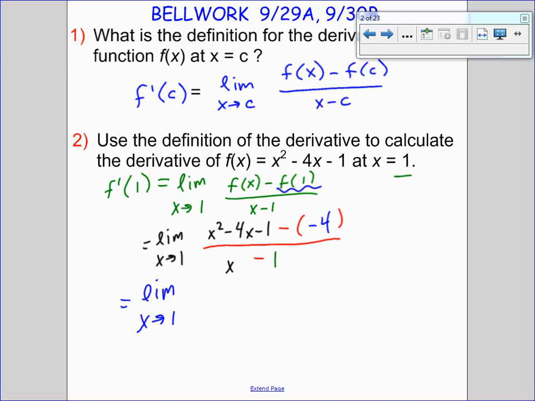I'm getting x squared minus 4x minus 1 plus 4 is going to be plus 3. Is that what you guys are getting? So x squared minus 4x plus 3 is the numerator, all over x minus 1. Direct substitution yields 1 minus 4 is negative 3 plus 3 is 0 over 0.